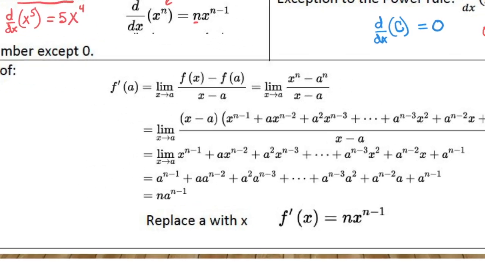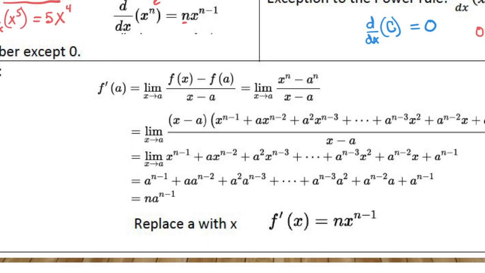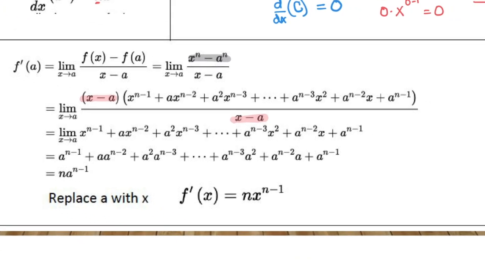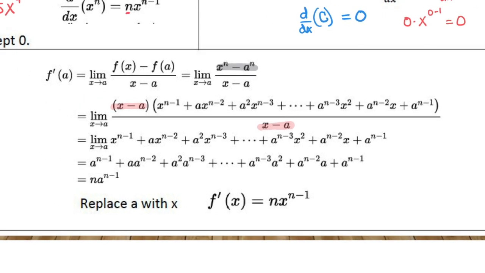Now, if you want to look at your proof, we would take f of x minus f of a over x minus a and look at the limit as x approaches a. So what you should notice is that you can factor your x to the n minus a to the n, and you're left with, using the binomial expansion theorem, this lovely x to the n minus 1 plus a x to the n minus 2, and it goes on and on until you get to a to the n minus 1.